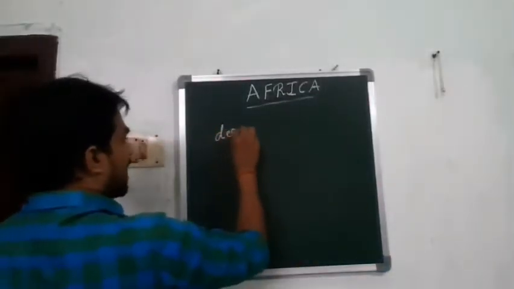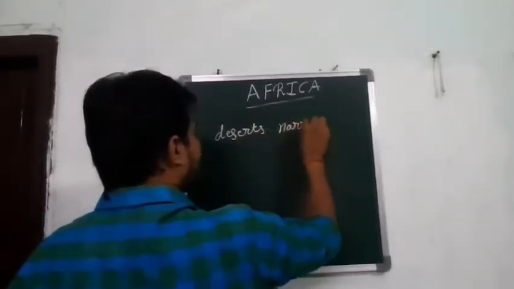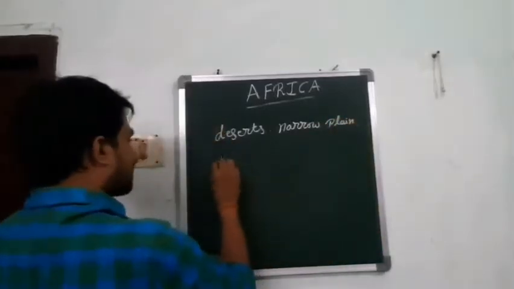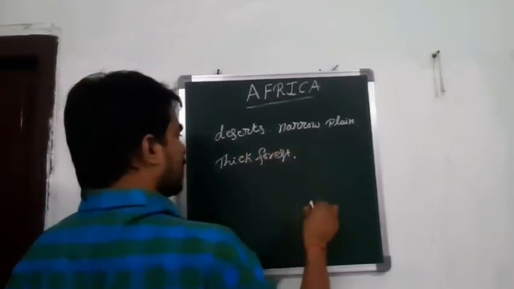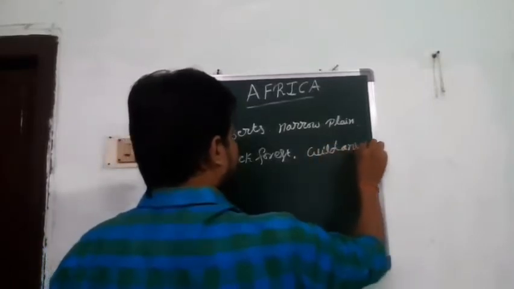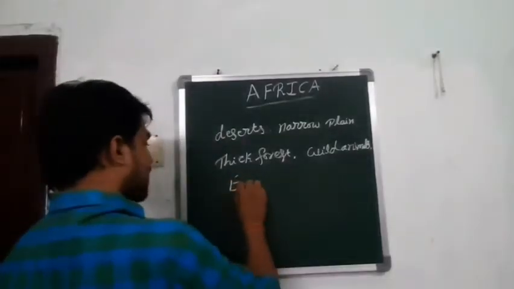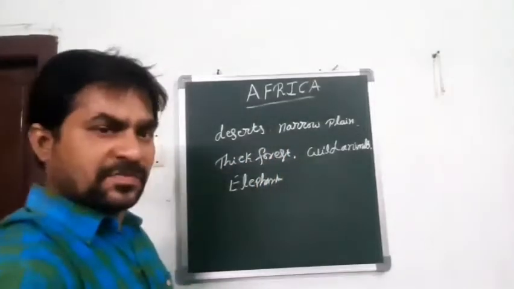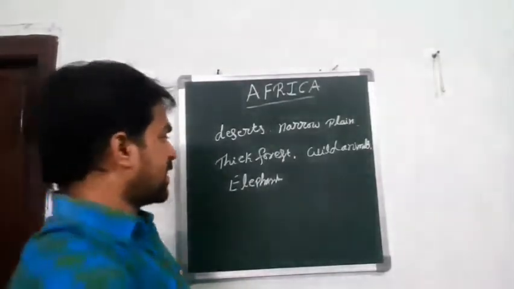So this Africa is covered with deserts, and also narrow plains, and also thick forest, and different types of wild animals, and the biggest elephants are also a part of the wild animals.